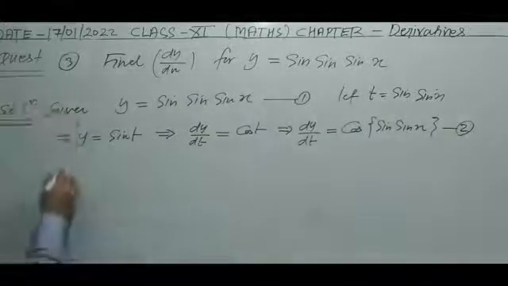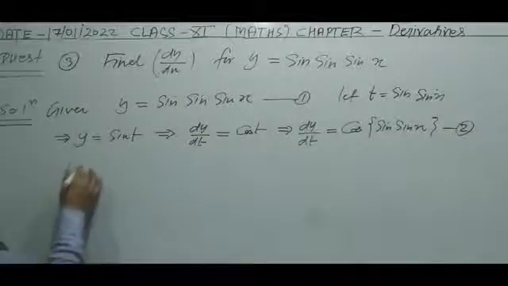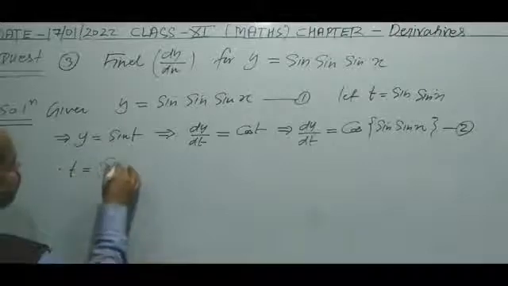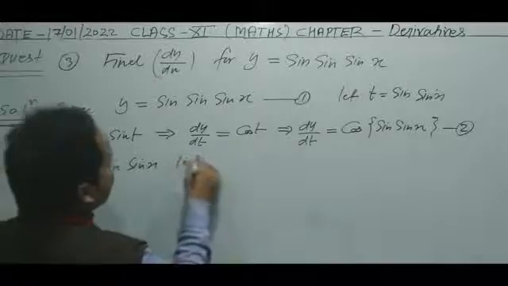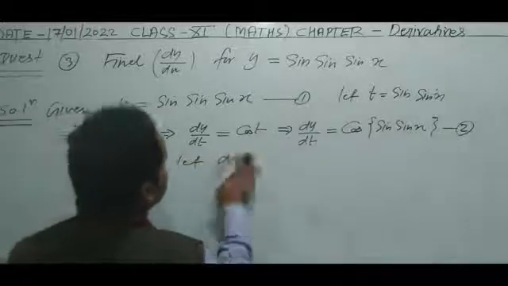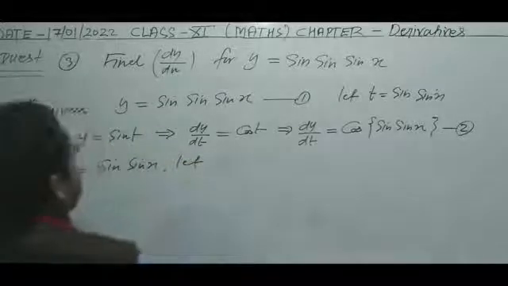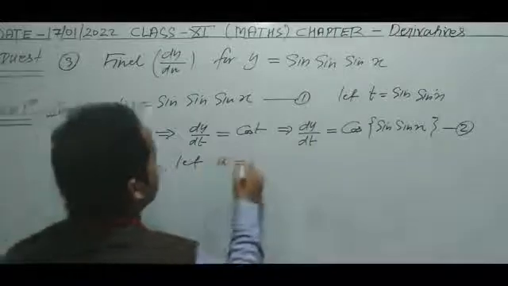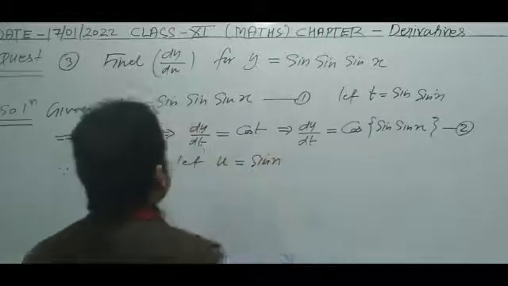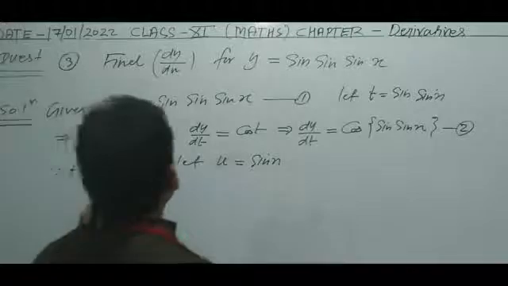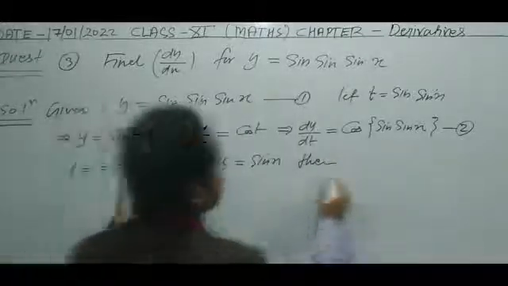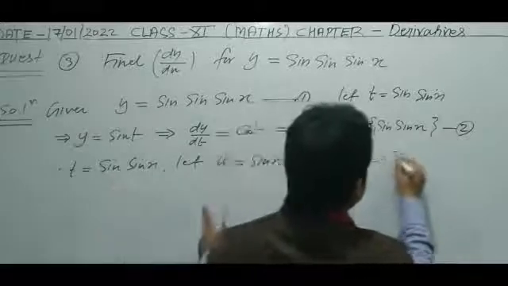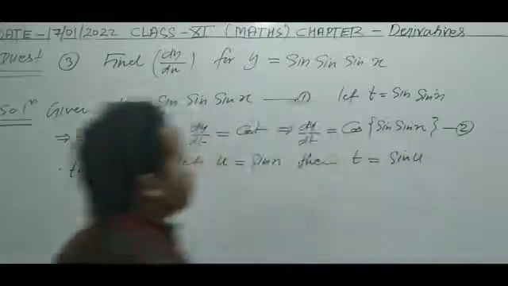And t result, you know, since t is equal to sine of sine x, let u is equal to sine x. Then t is equal to sine u.